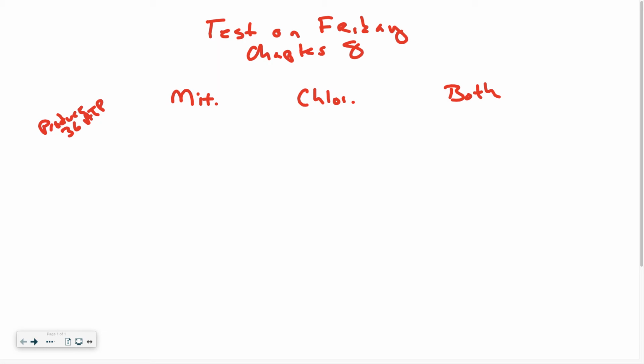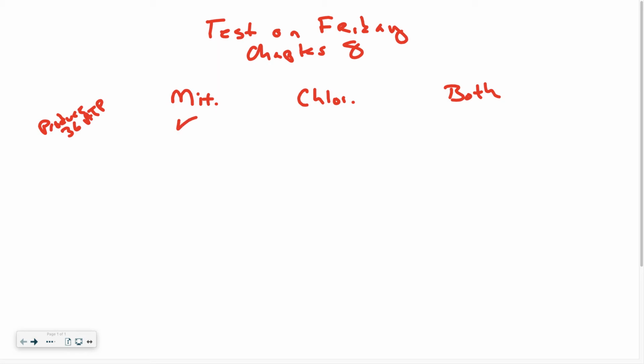Yes, it is. Is ATP produced in chloroplasts? No. What about the light reactions? Don't we get some ATP there? Okay, so it's produced in both mitochondria and chloroplasts. Which one produces the most? Which one does the cell use to make ATP? The mitochondria. So this would be the mitochondria.